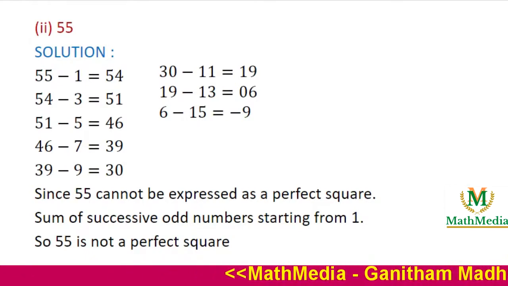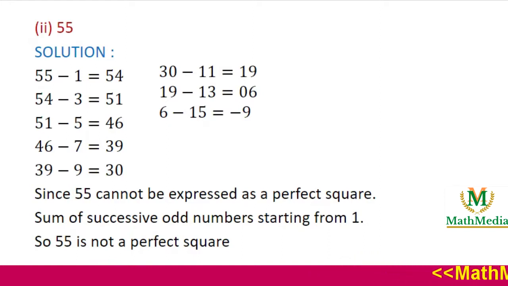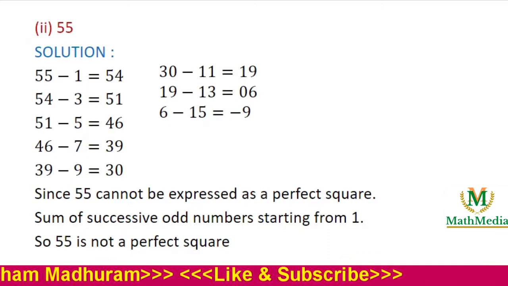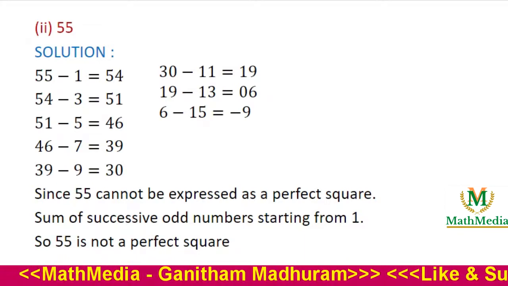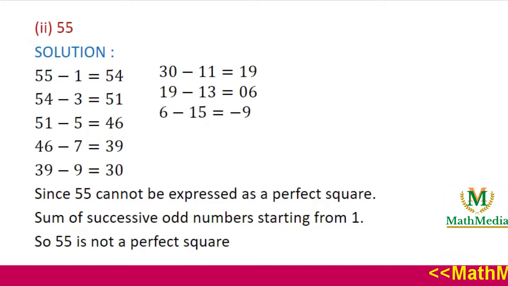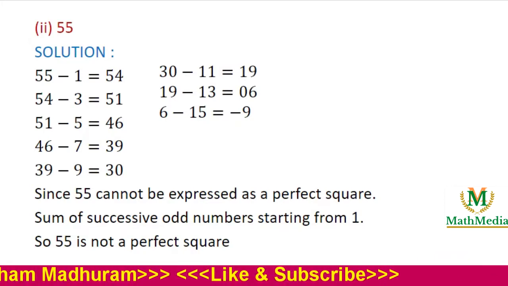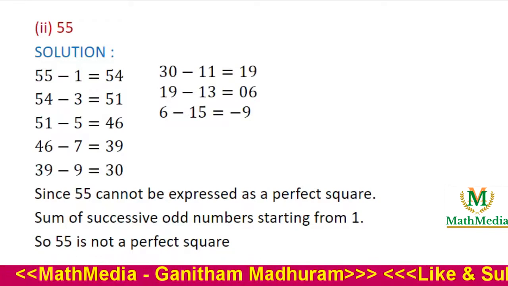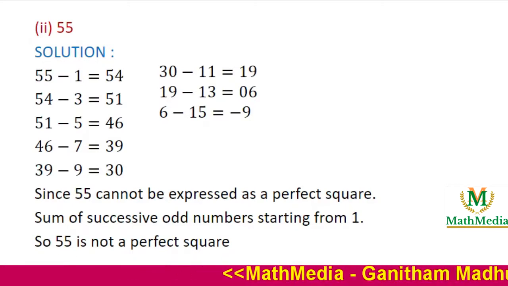Then 6 minus 15 equal to minus 9. That means we are not reaching 0. We get less than 0. Hence the given number 55 is not a perfect square.